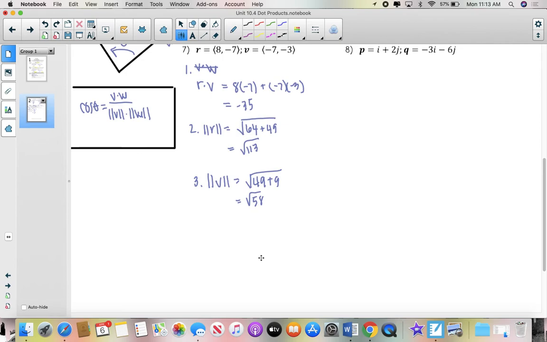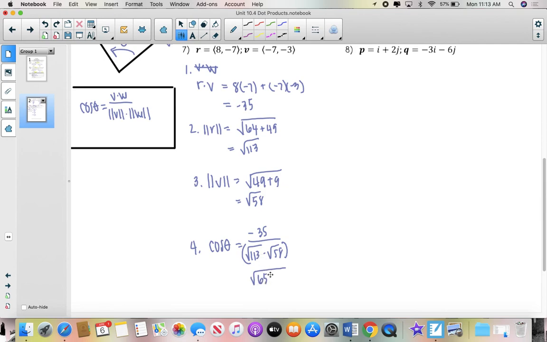Okay, so now we're just going to put it all together. So we have the fourth step, I guess you can say. Cosine of theta equals -35 over the square root of 113 times the square root of 58. Now, technically, you can put these two together. It's a lot easier to do this so you don't make mistakes, because you need to put parentheses on the bottom, and some people don't do that, so then they get real goofy answers.